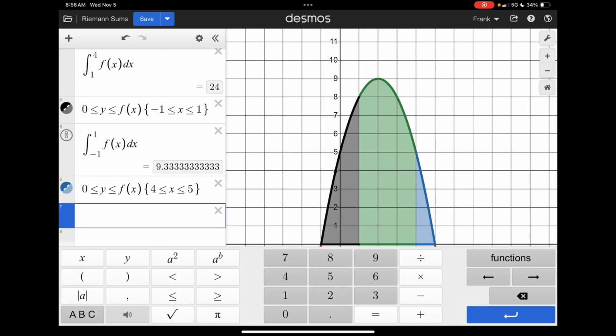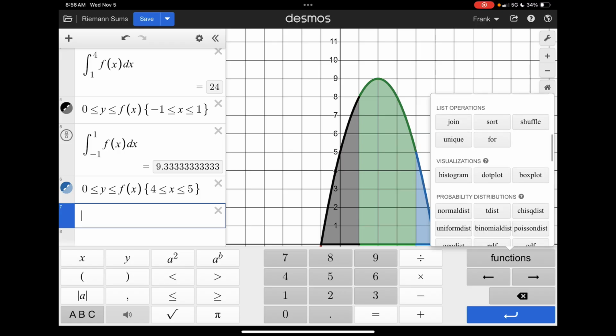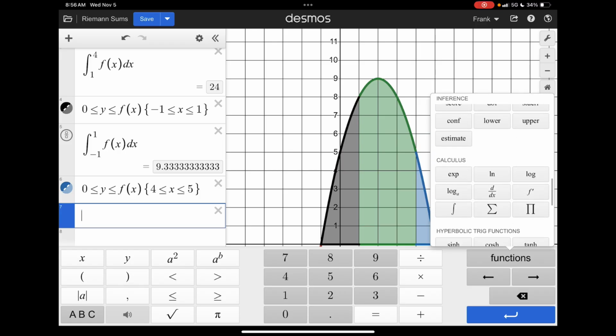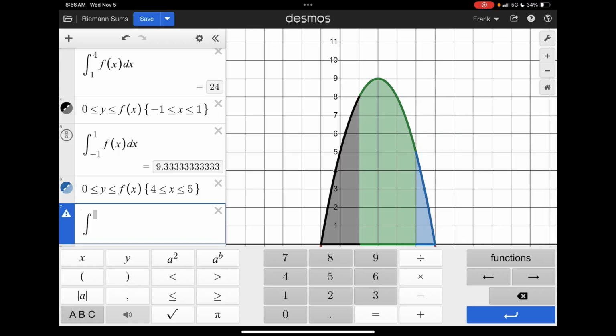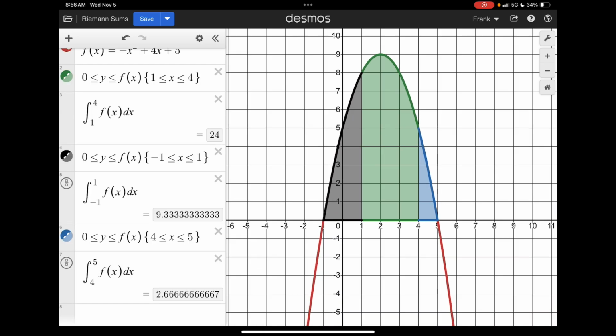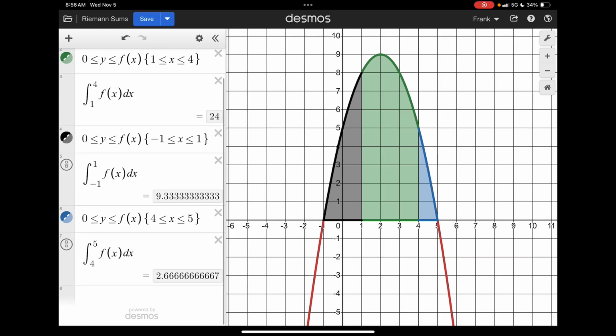Let me go ahead and calculate the integral for that. So again, I want to find the area there. The integral from 4 to 5 of f of x, that's the height, dx, and it tells me that overall is 2 2/3.